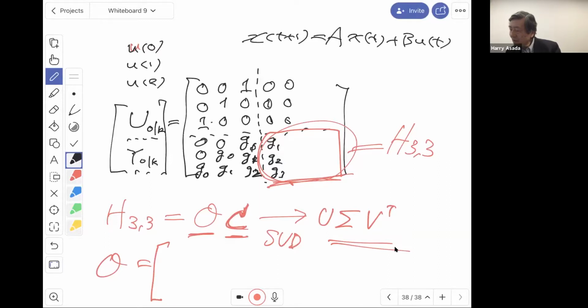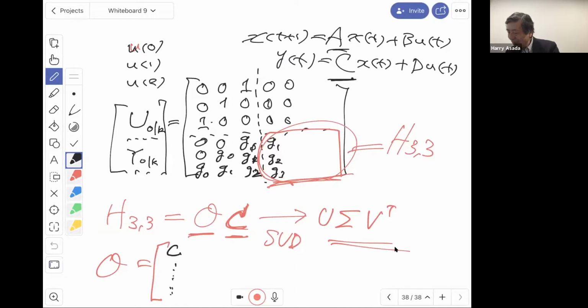And then y(t) equals Cx(t) plus Du(t), right? So the observability matrix includes the C and the A arranged in this way, C, and then A and the C all combined here, right?